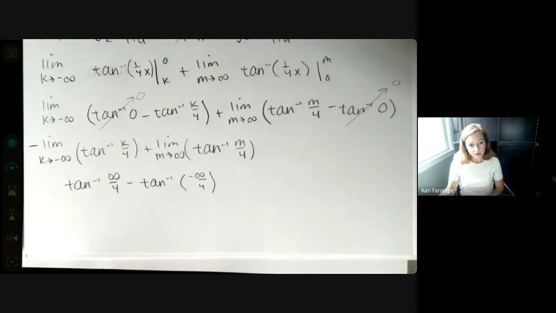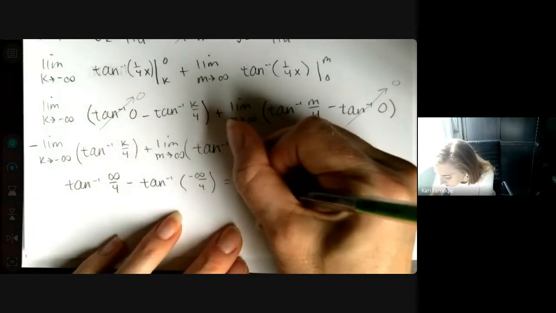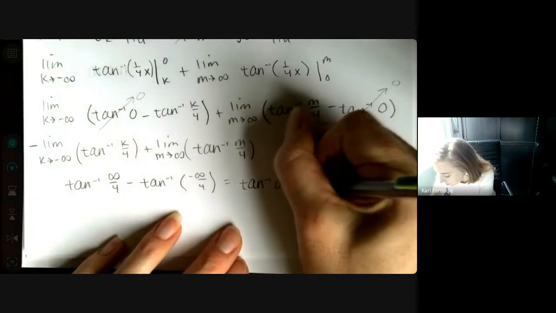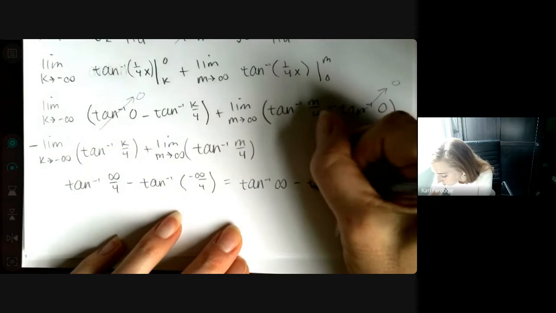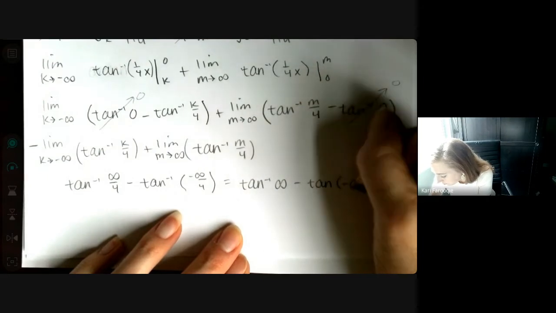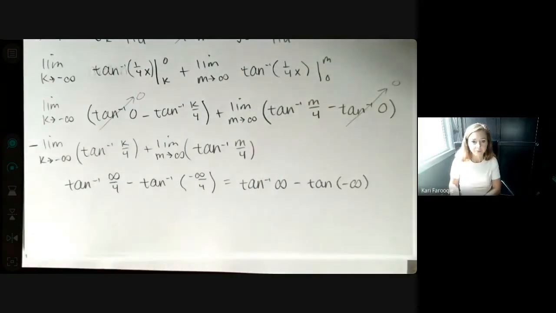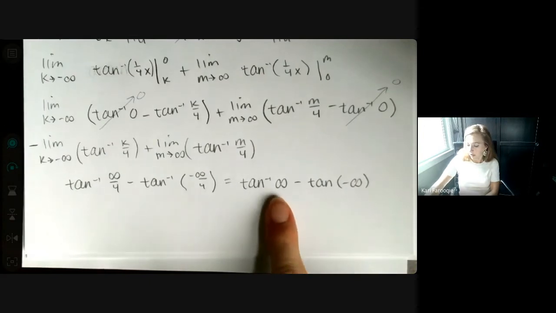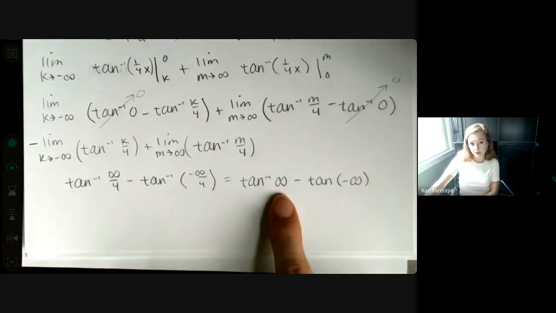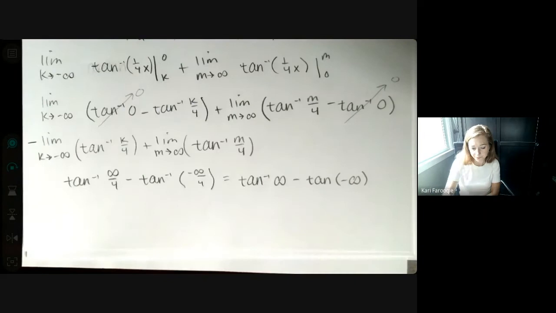In order for you to actually find these inverse tangent values, you have to know something about the way that your inverse tangent is defined. Simplify this out a little bit so that it just looks better. You're looking for the angle whose tangent value is infinity.